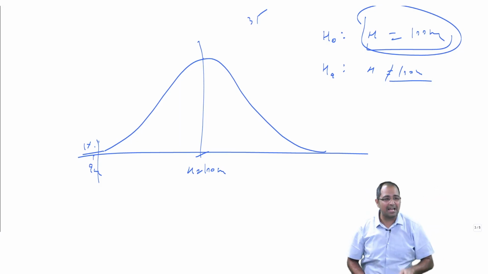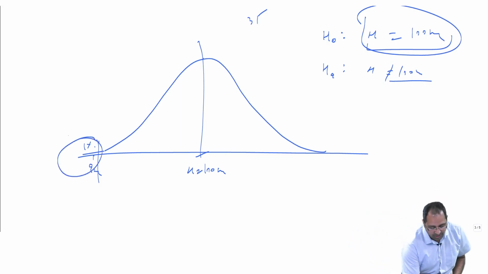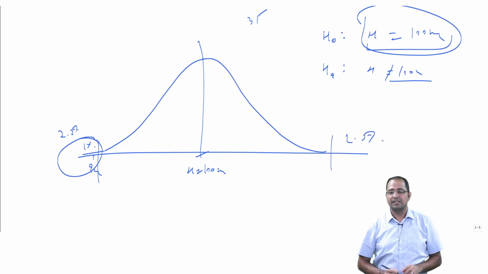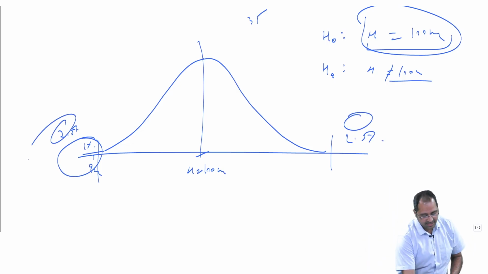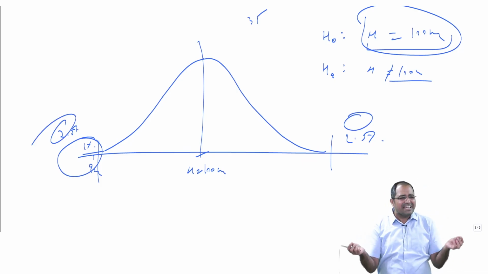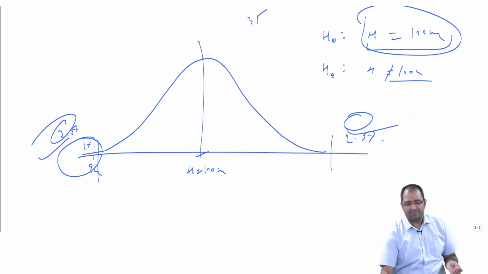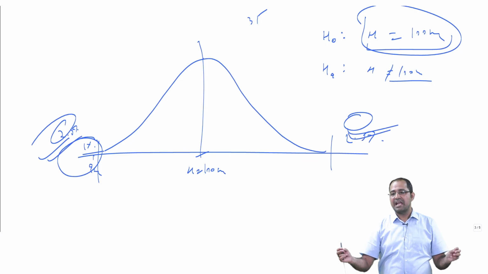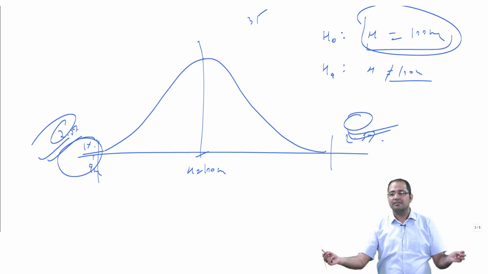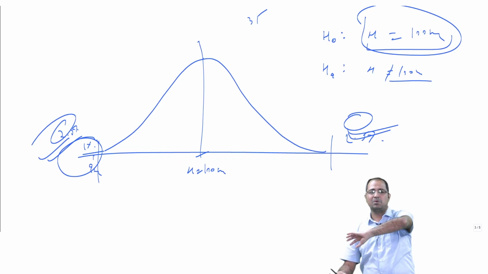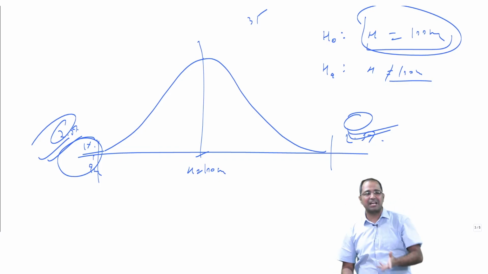So you reject the null hypothesis. This is 2.5% and this is 2.5%. If the value falls here or here, which means there is only a 2.5% chance of something happening here, if it is so unlikely, given that we assume the null hypothesis is correct, in those cases we reject the null hypothesis.